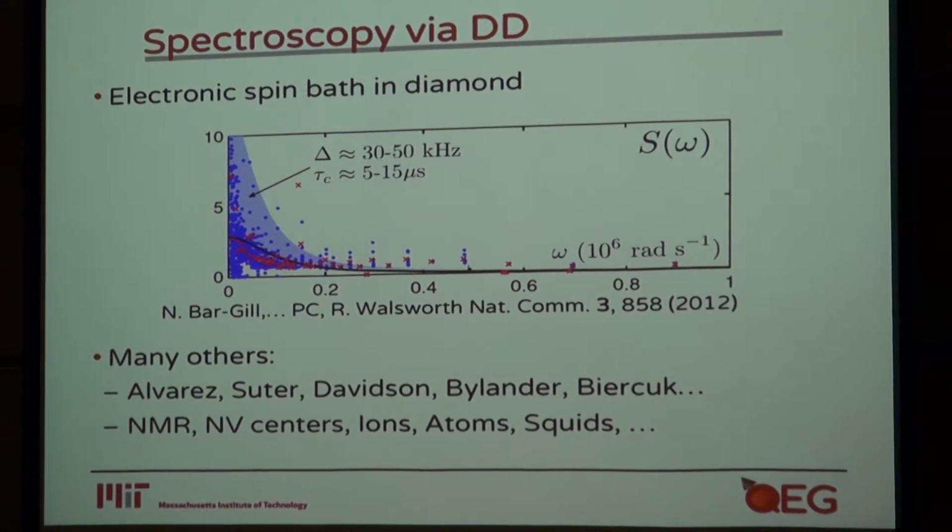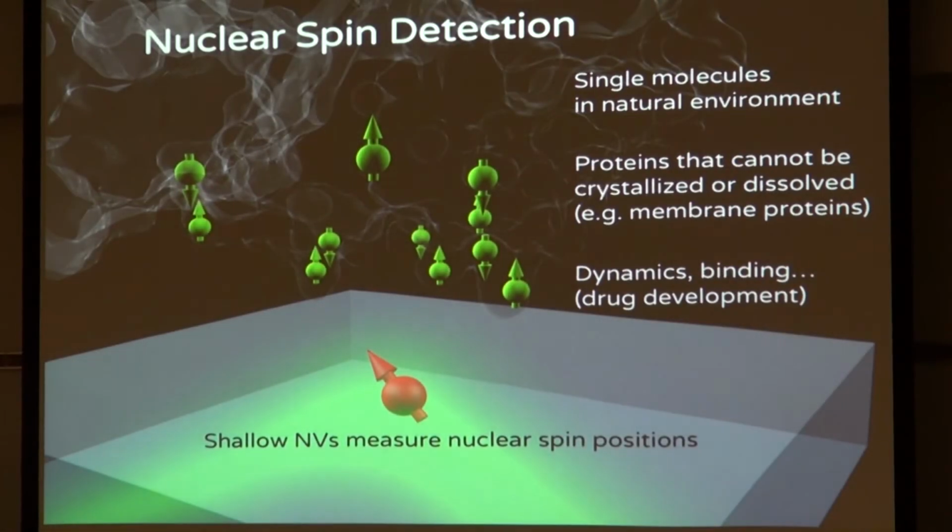So moving beyond these classical sources of magnetic field, or it could be electric field or other fields, and also these, if you want, noisy sources, what we would like to do is also to be able to sense some quantum systems. And in particular, what my group and other groups are interested in is really to try to measure nuclear spins which are close by to an NV center inside the diamond.